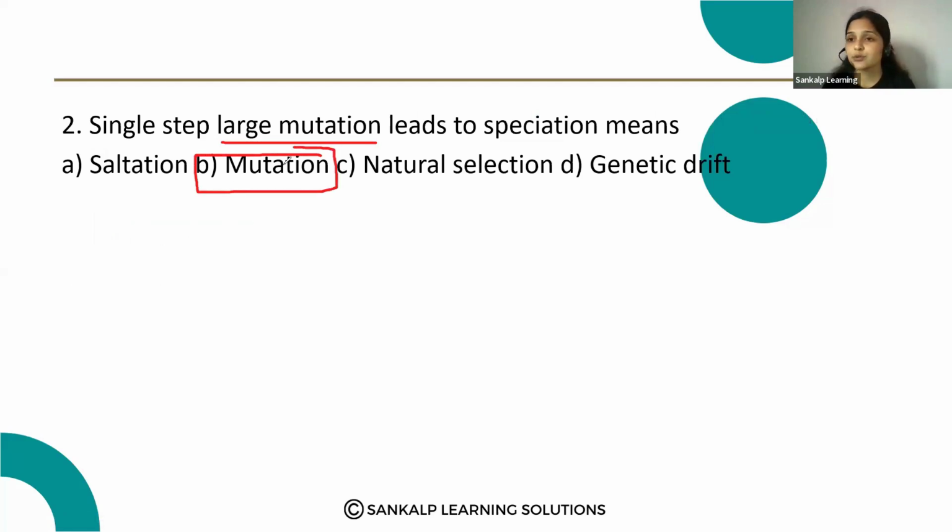Mutation is caused due to the deletion or addition of DNA base pairs, right? So that is a mutation. Natural selection is not a single step large mutation, and genetic drift is also not a single step large mutation. Here the single step large mutation leads to speciation, means that is saltation. Option A is the correct answer.